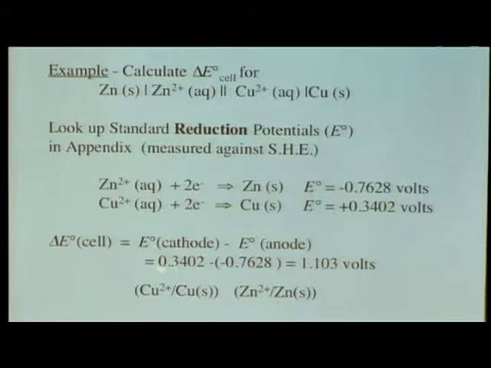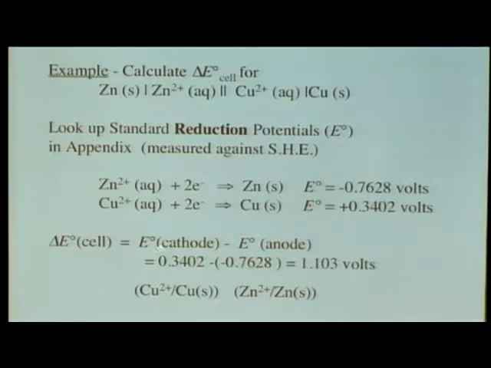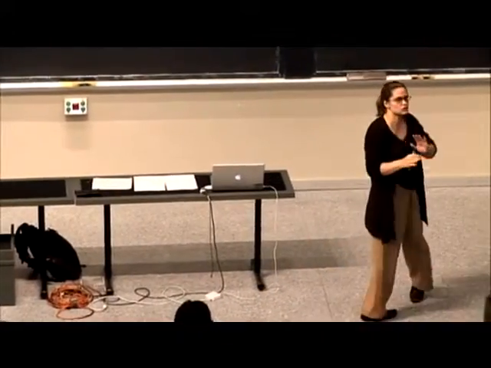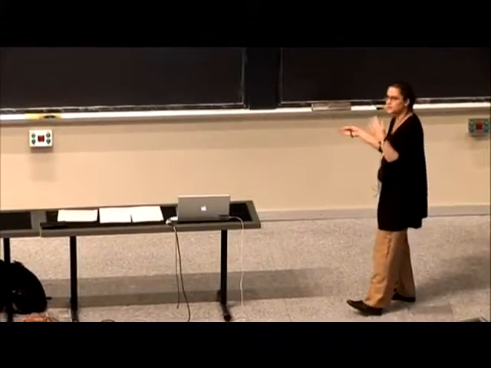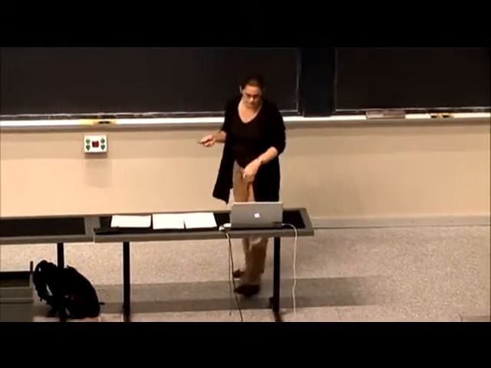So just a hint in doing these problems: if you always think that the equation is asking you for the standard reduction potential, look that value up and put it in. Don't do anything fancy with signs. Just use this equation as written, plugging in the standard reduction potentials, and you won't have any problems getting it wrong. Try not to out-clever yourself and flip signs around many, many times.